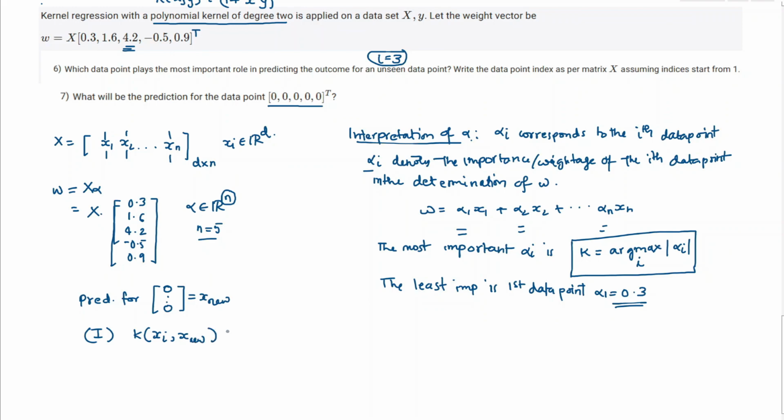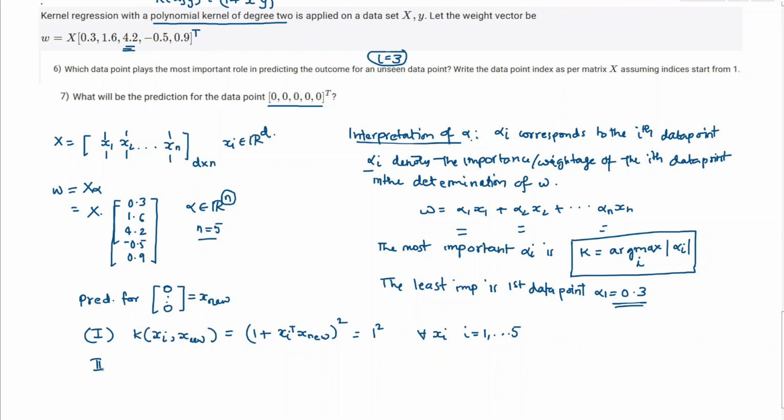And this will be nothing but (1 + xi transpose x new) whole squared. Now since x new is all zeros, this is nothing but 1 squared. So this is 1 squared for every xi, i running from 1 to 5, because there are 5 data points. Now all of them are 1.